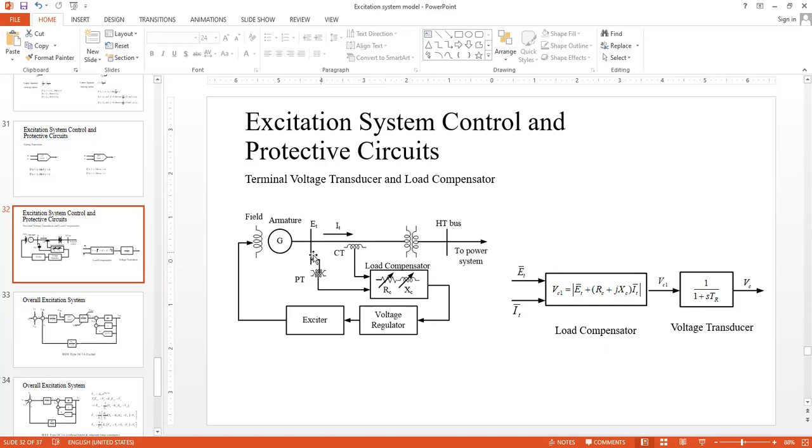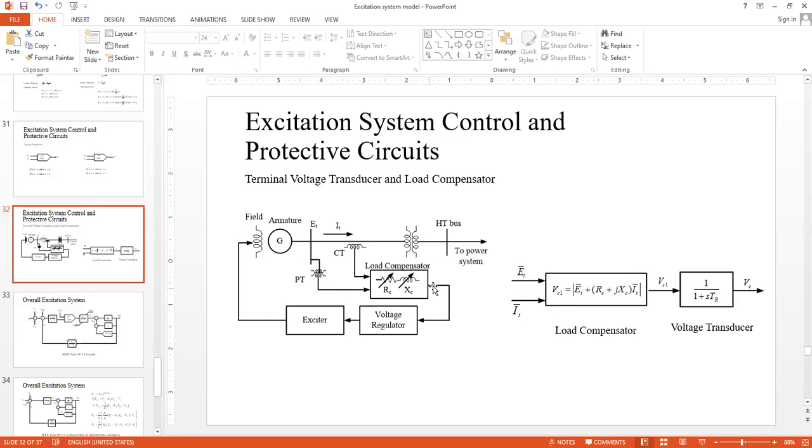And accordingly, the same signal would be passed through this load compensator block, and the voltage regulator will treat the error in ET. Otherwise, if we are interested in any other potential within the system, then accordingly we could set RC and XC to be both positive or negative.